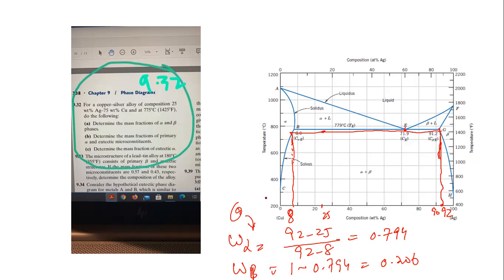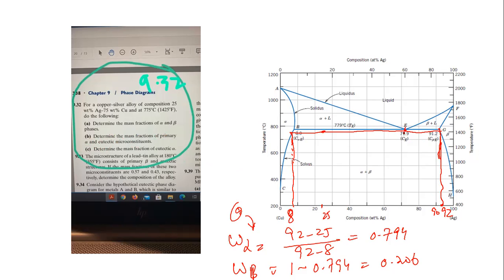Now I want to determine the mass fraction of the primary alpha and the eutectic microconstituents. For this you have to analyze with the lever rule, and we draw the tie line here. The maximum solubility of Ag in the alpha phase is 8%, the maximum solubility in the beta is 91.8, and the eutectic composition is 71.9.